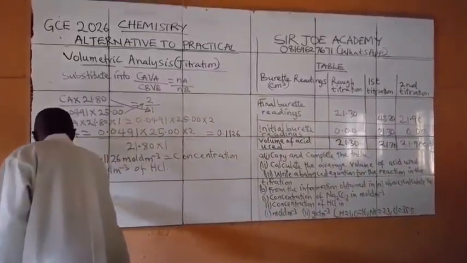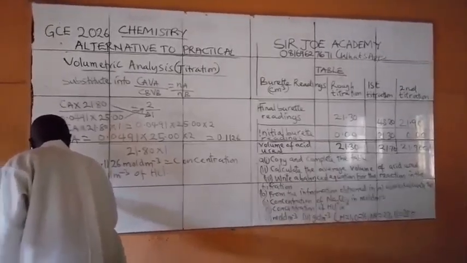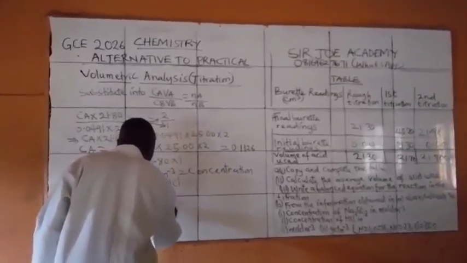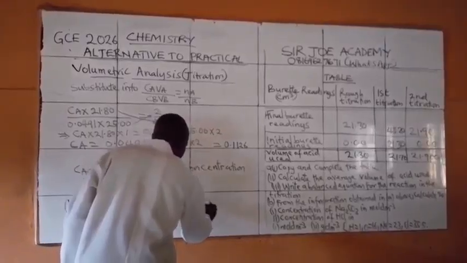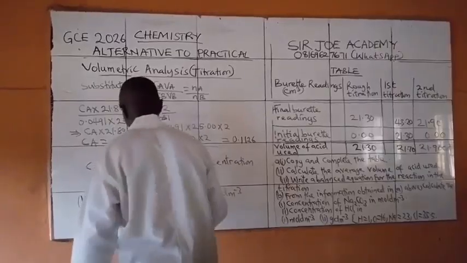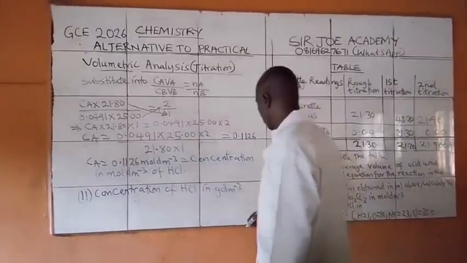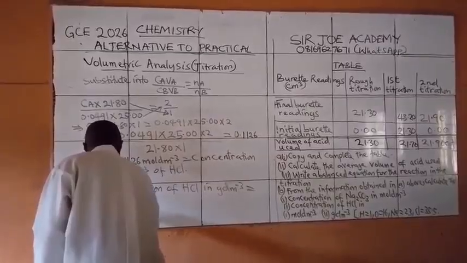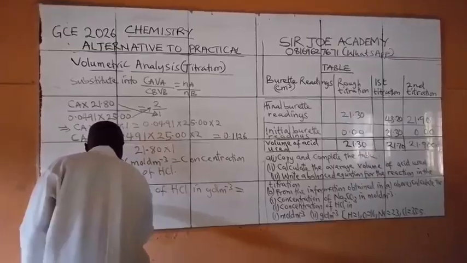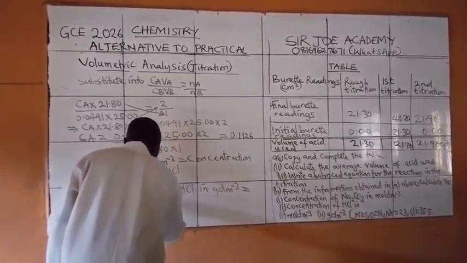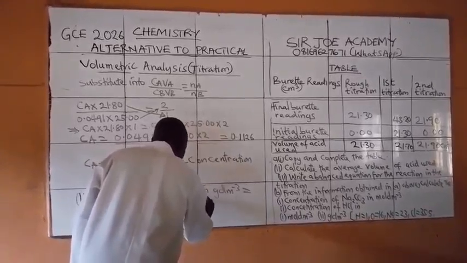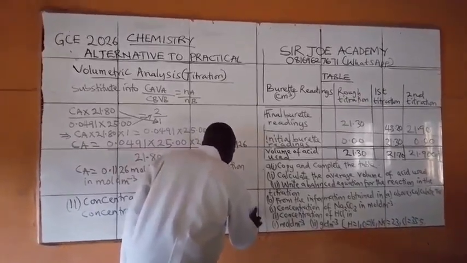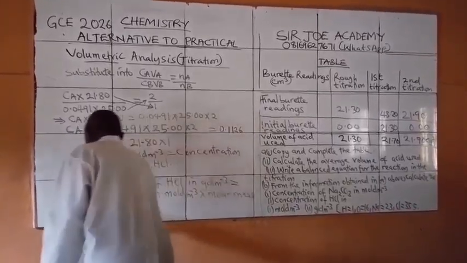Now, concentration of HCl in gram per dm cube is equal to concentration in mole per dm cube times molar mass, that is molar mass of HCl.